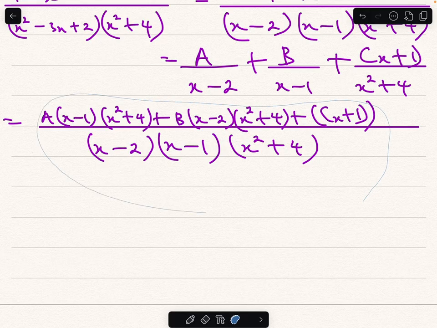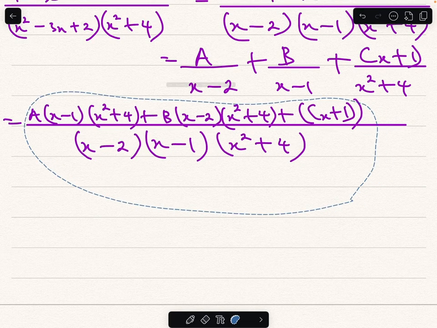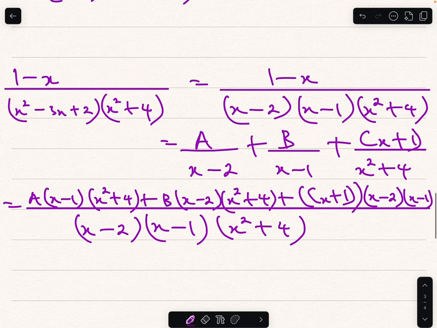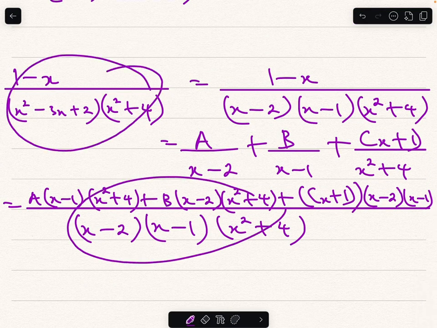I want to make sure that there's enough space to contain it. Yes, cx plus d into bracket x minus 2 times x minus 1. And now this is equal to this.